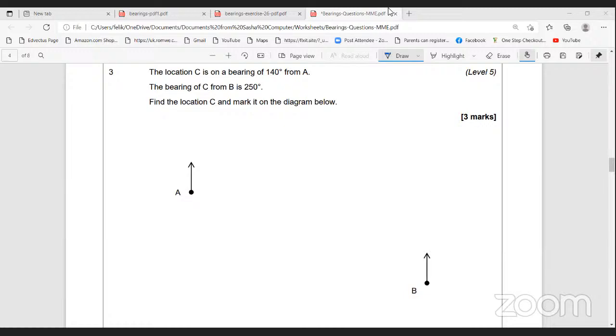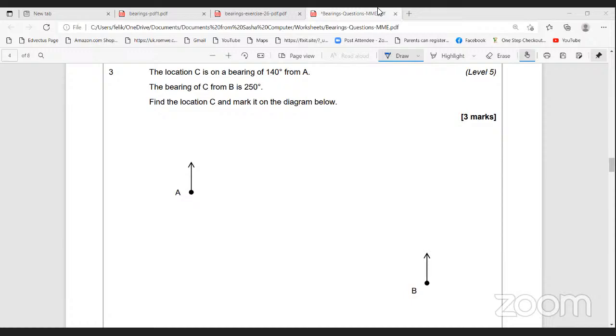Where's that angle? Miss, the 140 degrees is at C.